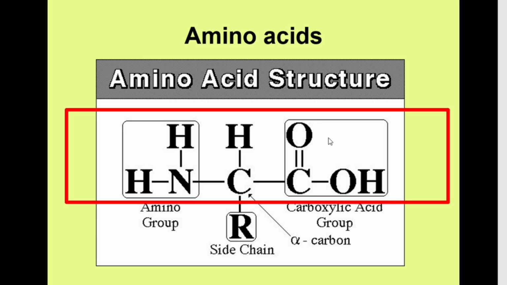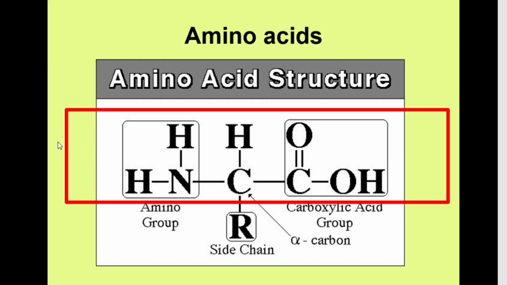And this part of our amino acid is really important because this is going to form what we refer to as the backbone of our protein. So when we start joining our amino acids together in a moment, this is where we're going to join them.